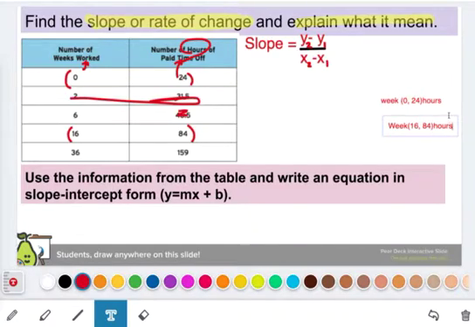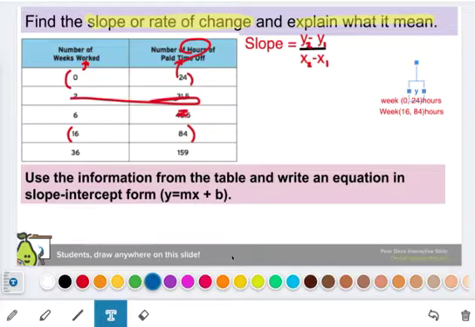Okay, so you would subtract your y's. These are your y's. Y's are your hours.